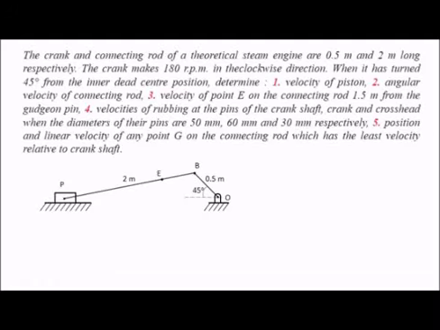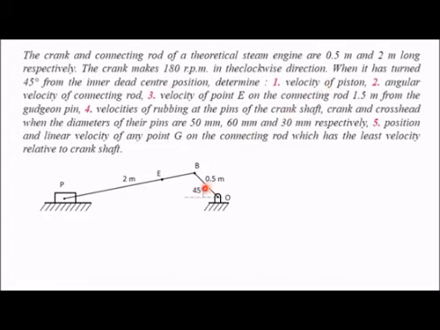In this video, I will explain velocity analysis of a slider crank mechanism using the relative velocity method. For explaining this method, I have taken one example where a crank of length 0.5 meter is revolving in clockwise direction at 180 RPM.